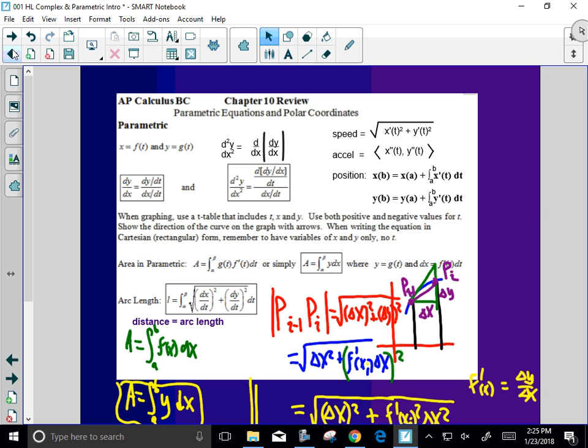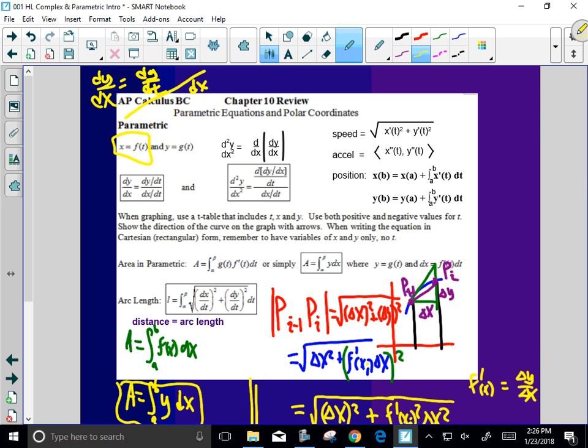And when we do things like slope, all we have to do is use these parametrics. dy/dx is going to be this function in terms of variable t, dy/dt divided by dx/dt. So do you see how the dt's kind of cancel out?